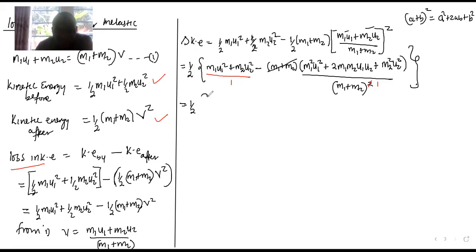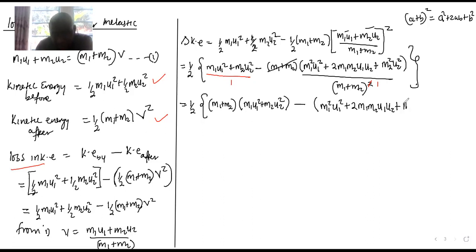I'll have, open biggest brackets, M1 plus M2, close small bracket, open those two items, M1 U1 squared plus M2 U2 squared, close that bracket, minus, open biggest bracket, M1 squared U1 squared, plus 2 M1 M2 U1 U2, plus M2 squared U2 squared, close biggest bracket, close curved brackets. Are we still fine?